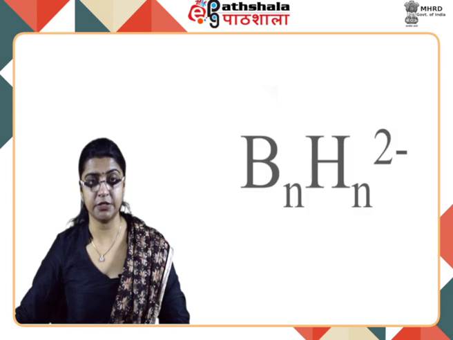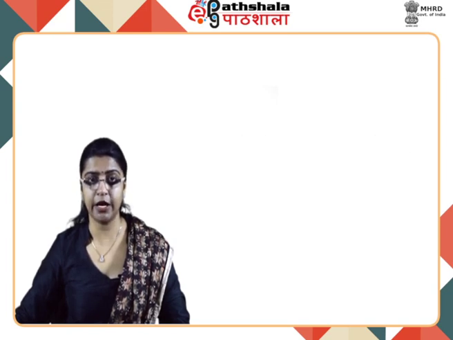In closoborane anions, that is in BnHn 2-, the BH units are aligned so that the BH bonds point radially outward away from the centers of the Bn polyhedra and are referred to as exo-BH bonds.